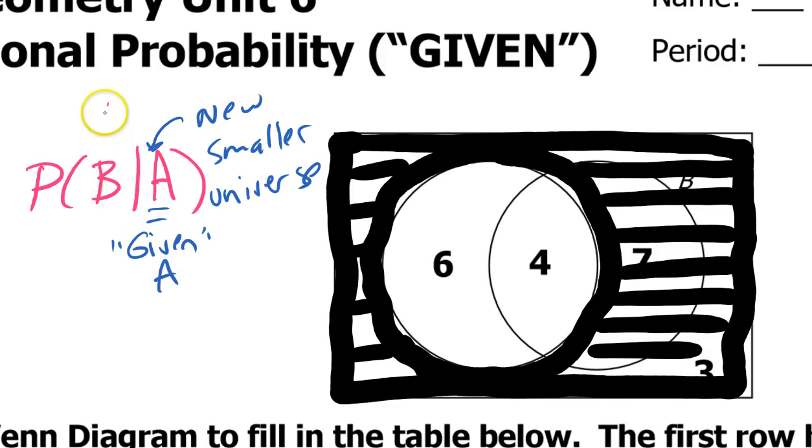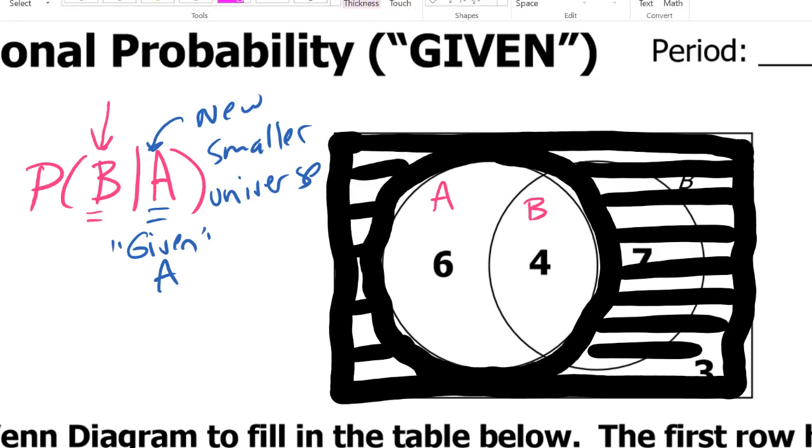calculate the probability that they are asking you for. Let's not forget that this portion of the graph is still A, and this portion of the graph is B. So we want the probability of B now. Okay, looking at our new smaller universe, what's the probability of B? Well, let's shade the target.